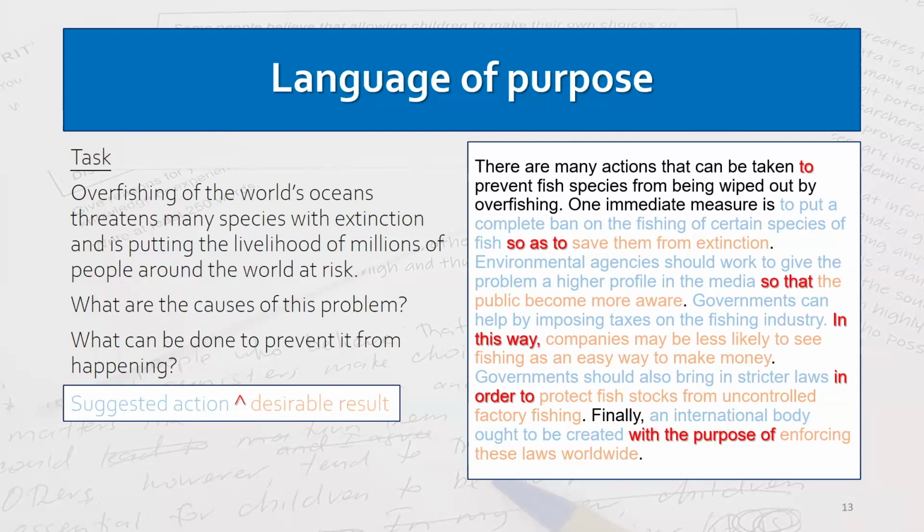I've pointed out this in a few slides before, but here I'm just using this example to show you more sentences in which we can use the language of purpose, like in order to link an action that we suggest and the desirable result that the action could hopefully lead to.